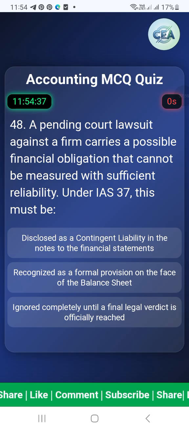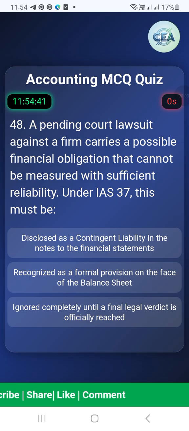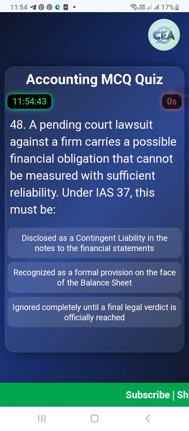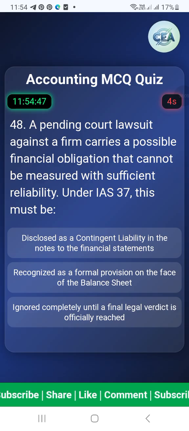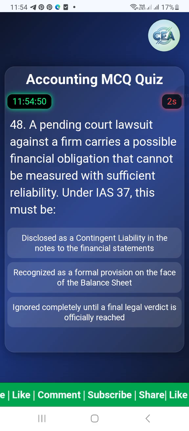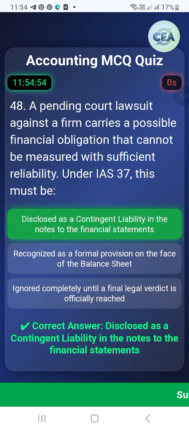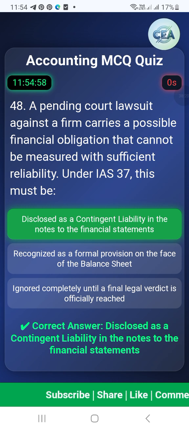Recognized as a formal provision on the face of the balance sheet. Option 3. Ignored completely until a final legal verdict is officially reached. Correct answer is disclosed as a contingent liability in the notes to the financial statements.